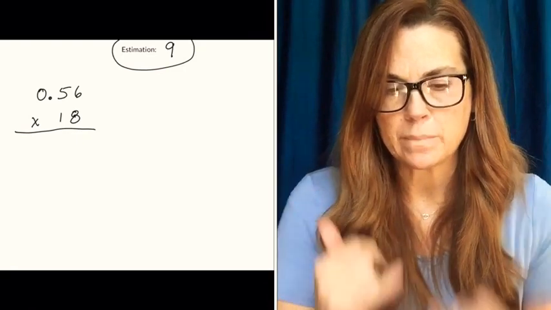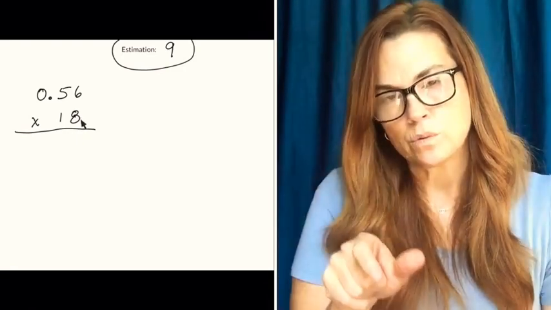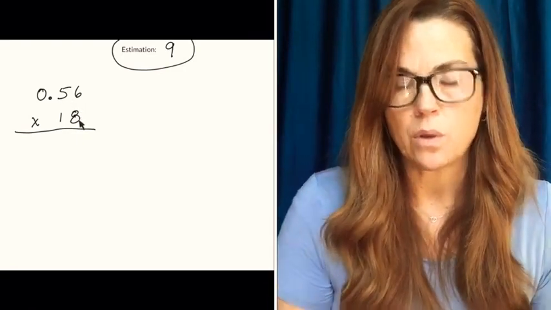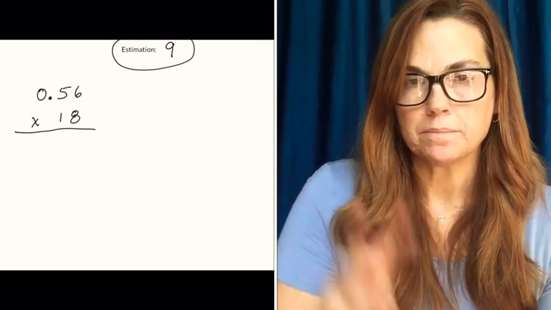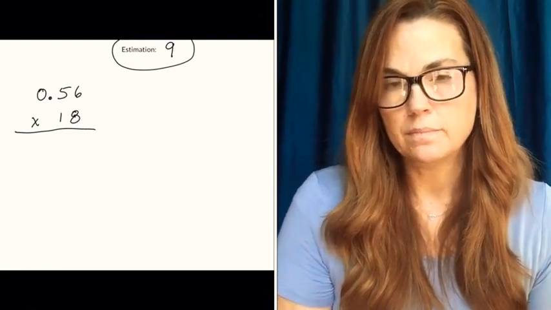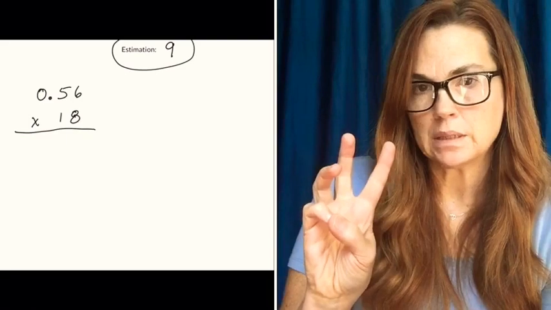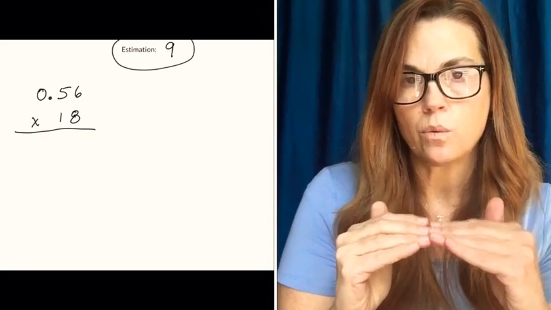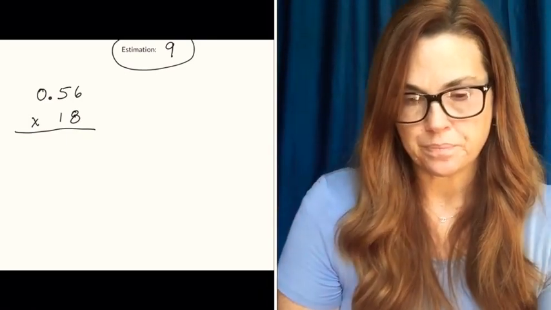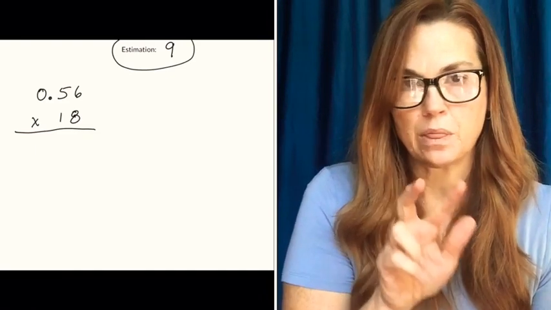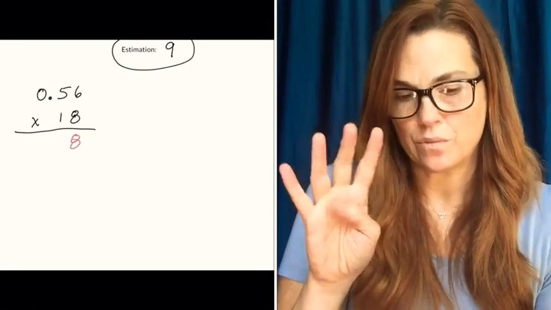Okay, so I'm going to start off by multiplying the ones digit times the number up here. So I'm going to do 8 times 6. 8 times 6 is 32. Nope, sorry, 48. 8 times 6 is 48.